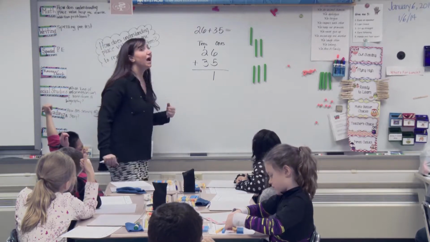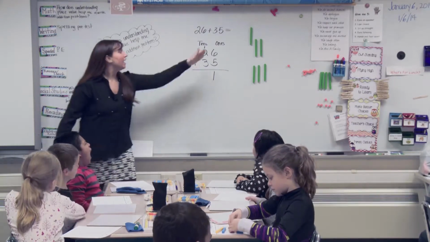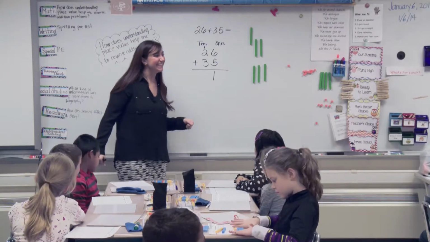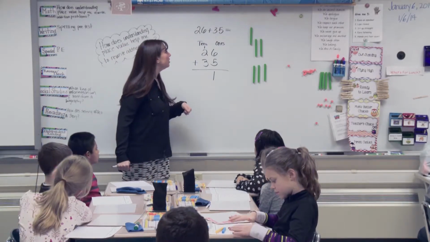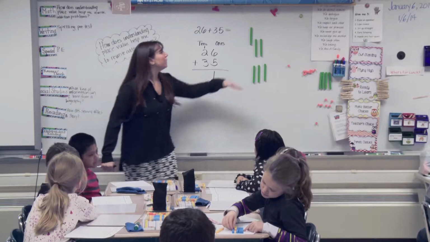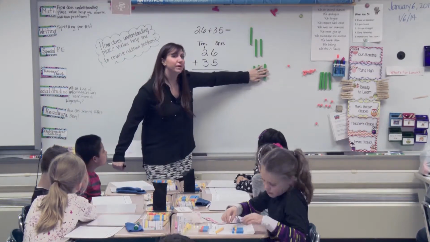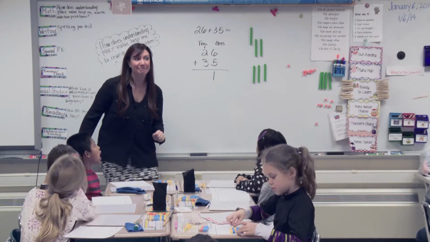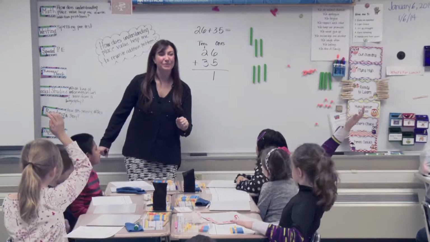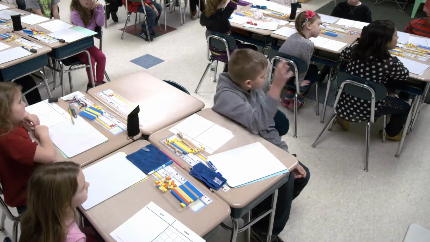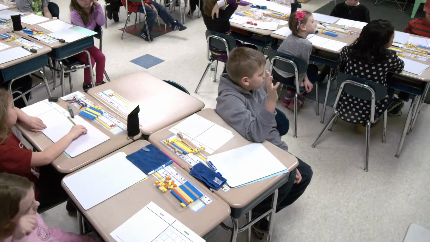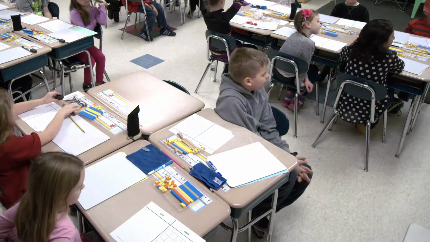Excellent. I added the ones. Now what do I need to do? Madison? I need to add the tens. So I started off with 2 10s and 3 10s. But what can't I forget when I'm adding? Robert?